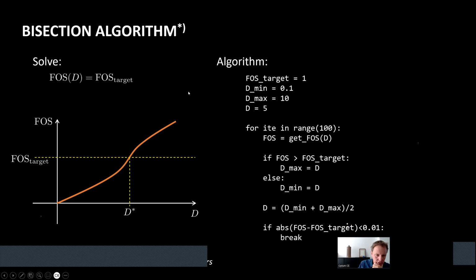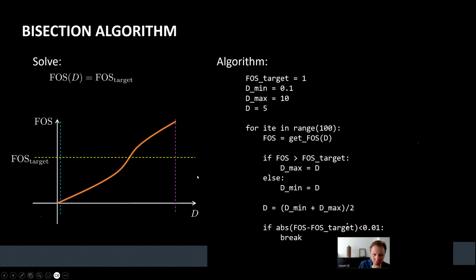Then you go through an iterative loop where you determine the factor of safety for the given D. In this case, the first time you run through the loop, it's going to be 5. You get the factor of safety.